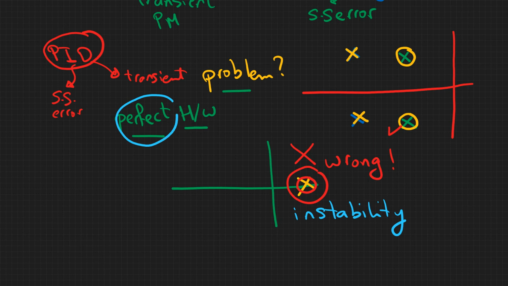Since you never have perfect hardware, you'll never have perfect op-amps and perfect resistors and perfect capacitors to build your hardware controller. And even if it's a digital controller, your microprocessor is not going to be perfect. There are always going to be unexpected delays and unexpected errors, as we will talk about in the digital control part.